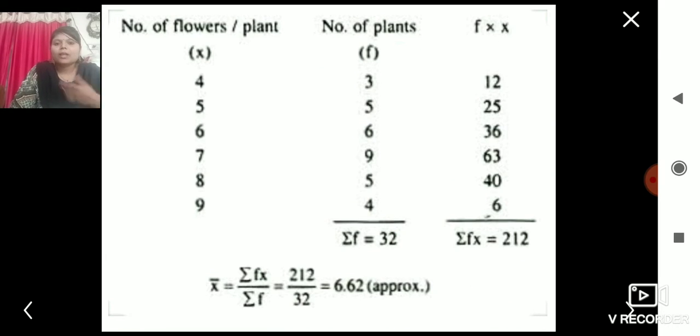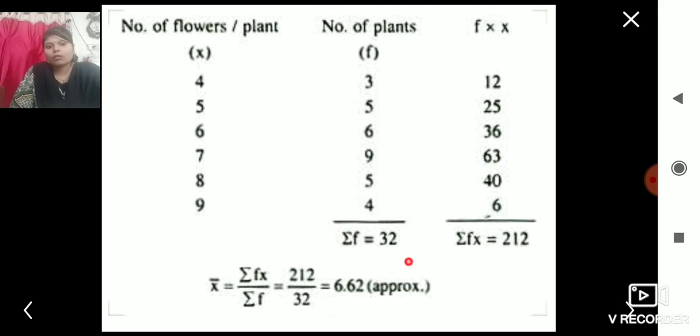And here is an application in biology, like the number of flowers on a plant. Okay, the number of plants, how many are there, the frequency, x and f, we will be taking into consideration, and this is the mean that we calculate.